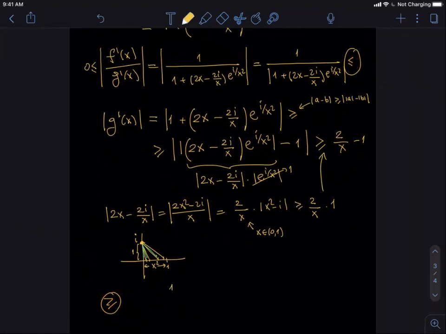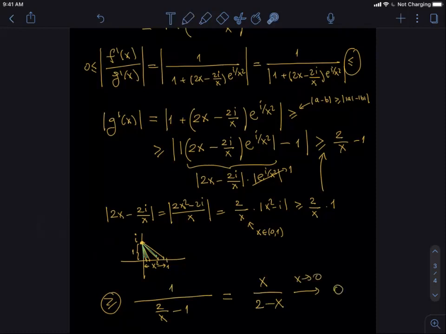So what we were doing is 1 over, and then the estimate of g prime, which we estimated from below by 2 over x minus 1. And that's it, because this is x over 2 minus x. And when x tends to 0, this tends to 0.